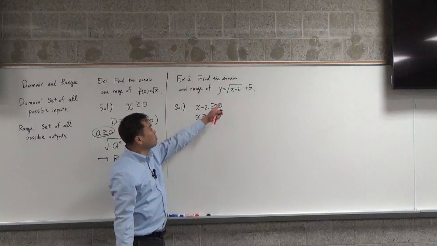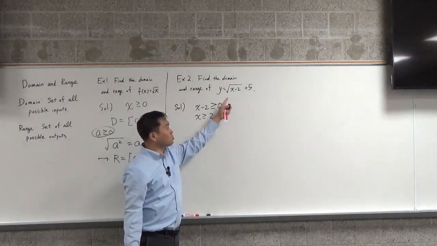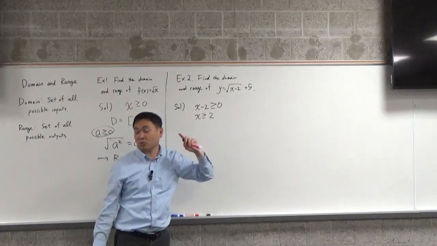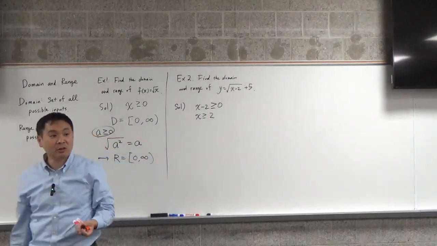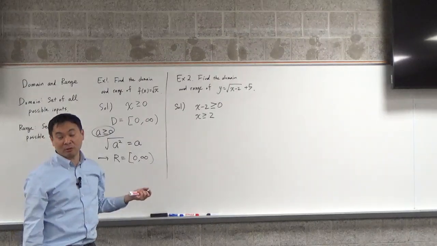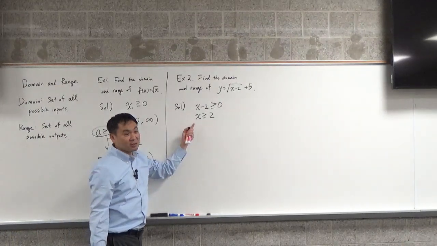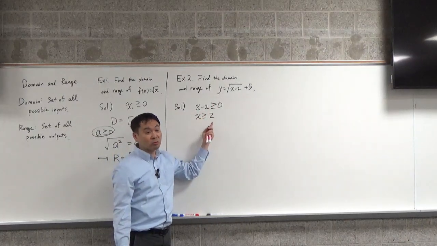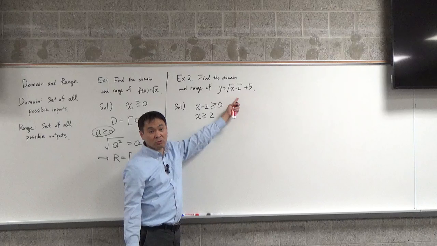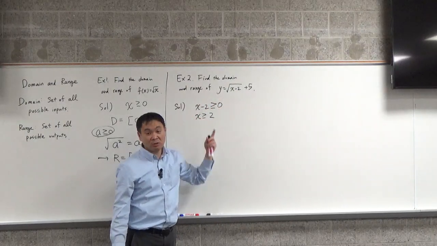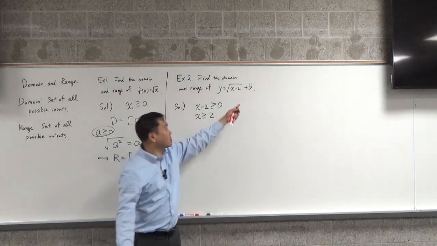So if you plug in something that's less than 2, then it will cause a problem. For example, if you plug in 0, you get the square root of negative 2, which is a complex number. We don't allow complex output, so that's not valid. So 0 is not supposed to be plugged into this function. Neither is 1. But 2 is okay. If you plug in 2, 2 minus 2 is 0, square root of 0 is 0, so it gives you the output of 5 after adding the 5.